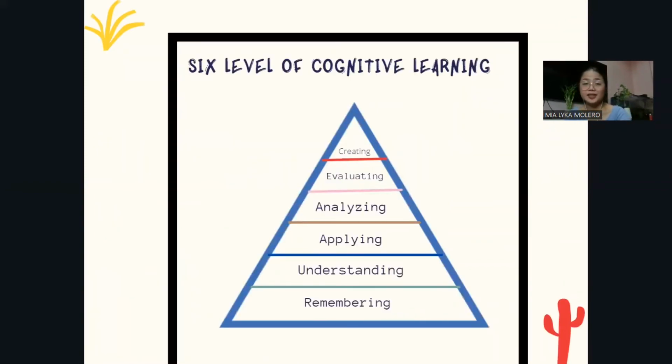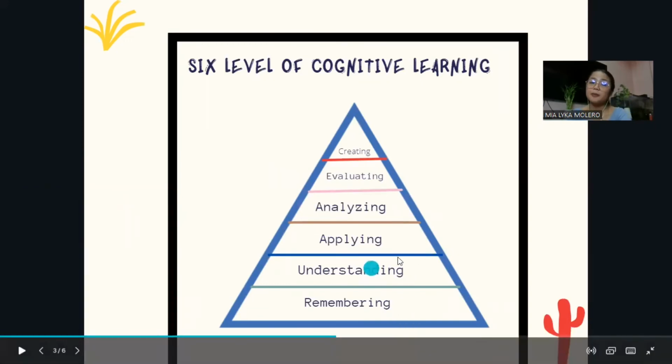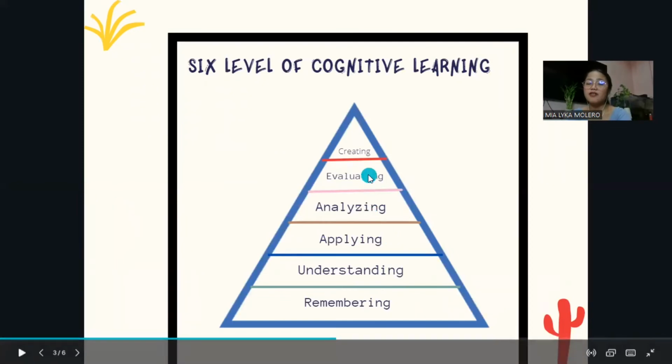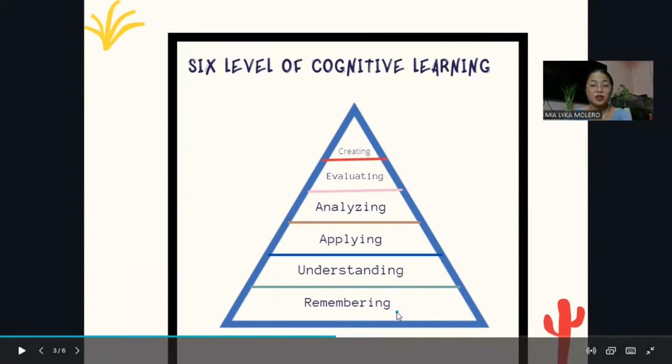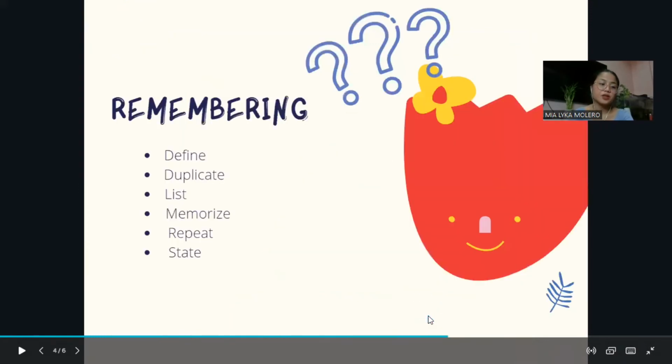There are actually 6 levels of cognitive learning, which are remembering, understanding, applying, analyzing, evaluating, and creating. So let's discuss first the bottom of the pyramid, or the first level of cognitive learning, which is remembering.